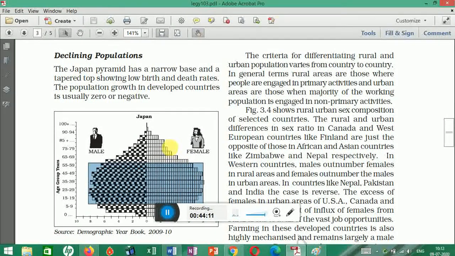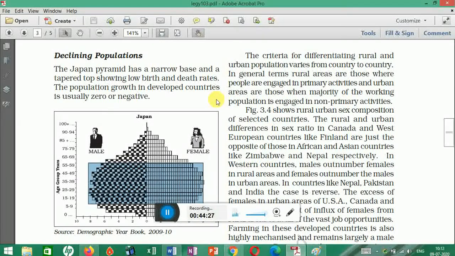Here we find a big number of working age people. In these countries there is a very low birth rate and very low death rate. For example, birth rate maybe 10 per 1000, death rate also say 10 per 1000.